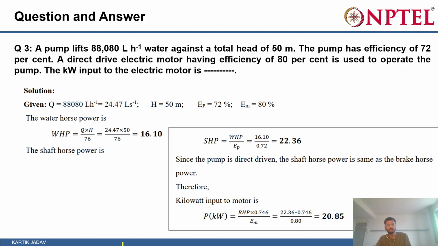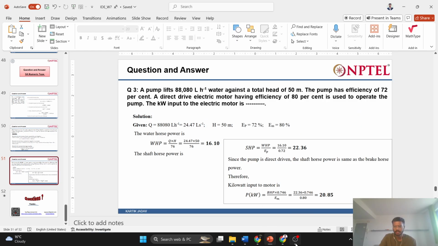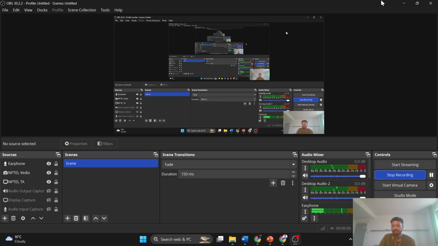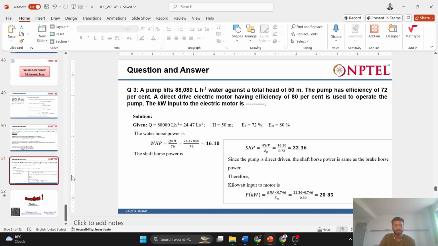Okay, so next question is about the power requirement. I think this kind of example question we have already covered, but let's cover this since this is the last question.